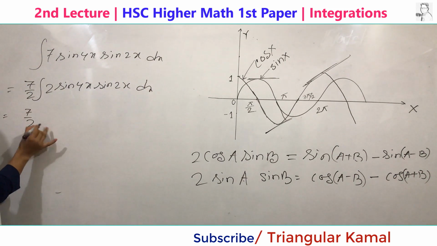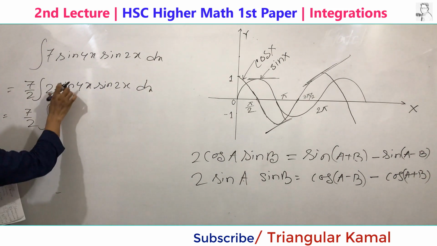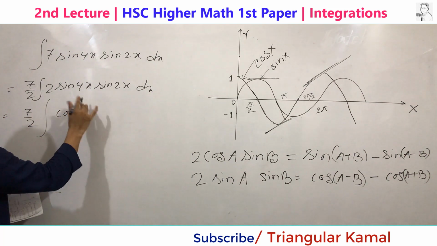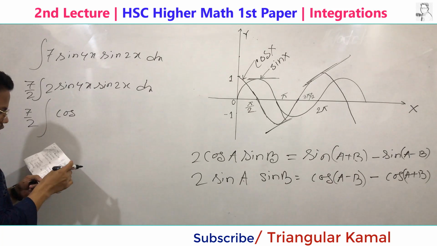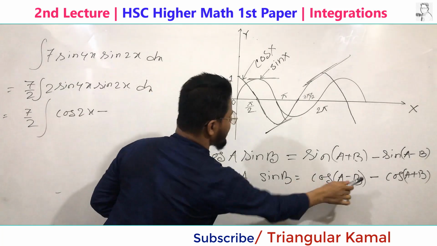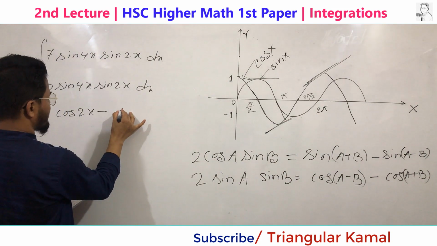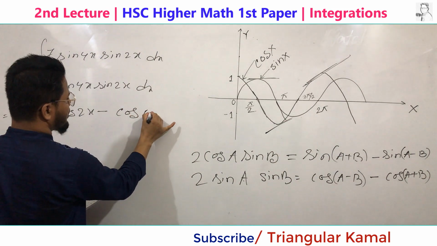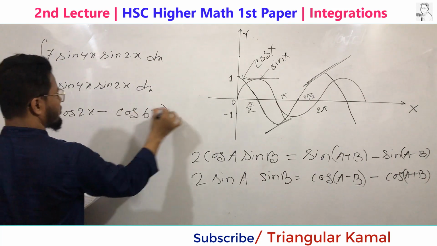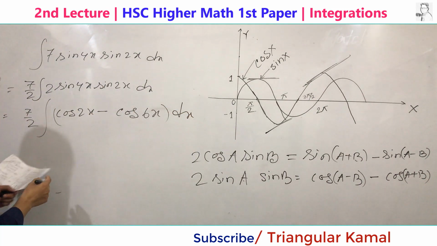Now 7 by 2, right here cos, doing the subtraction we get here twice x, A minus B, and minus cos of 6x, A plus B, and now this one is dx.